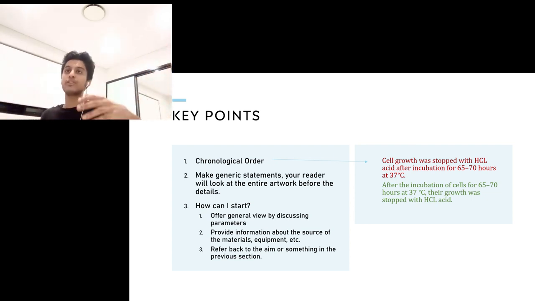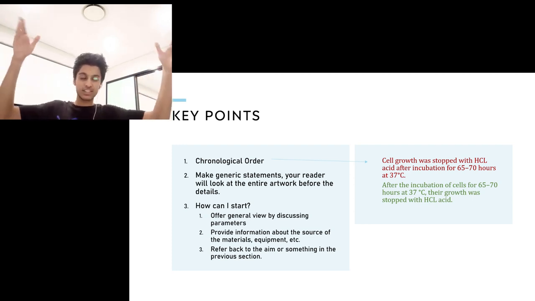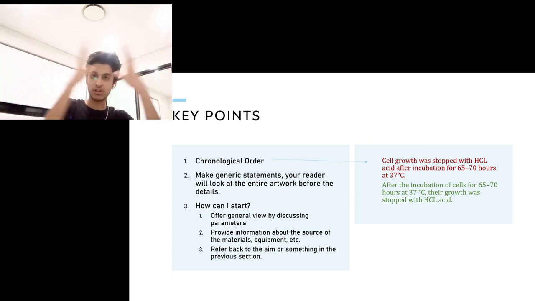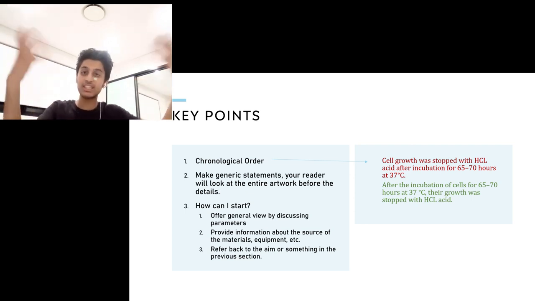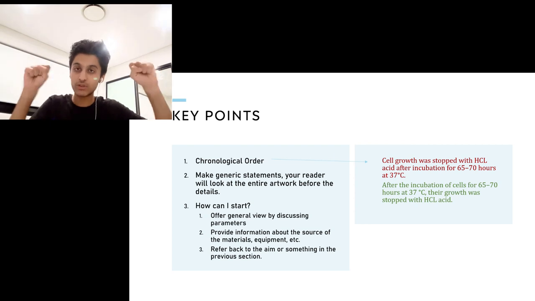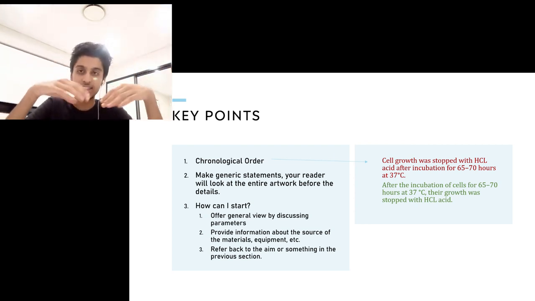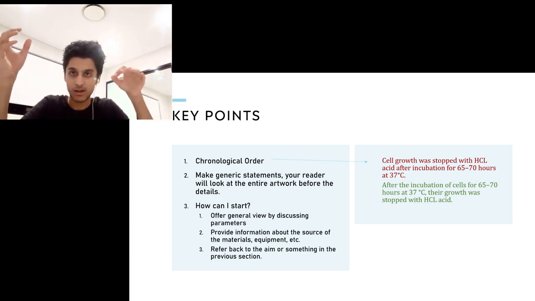When you offer a general view and outline the parameters of work, similar to how you did with the introduction, you're creating this very large space, and this is where the reader can easily grasp. And once they've grasped those pieces of information, they'll slowly look at the details. So let's say you used a pendulum that you modified in some way.